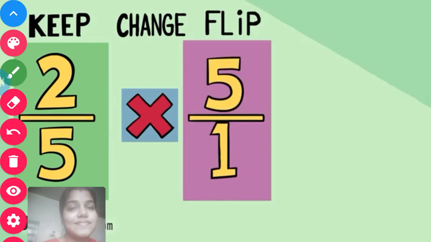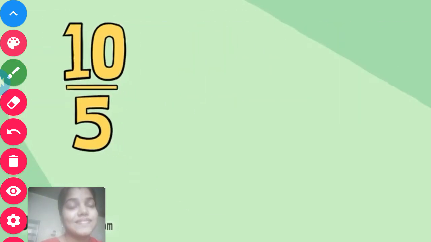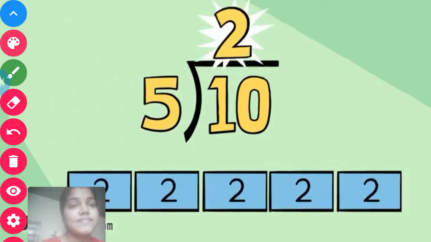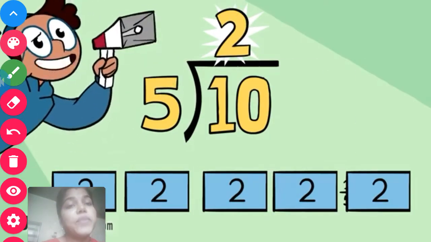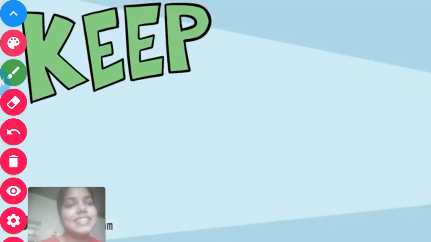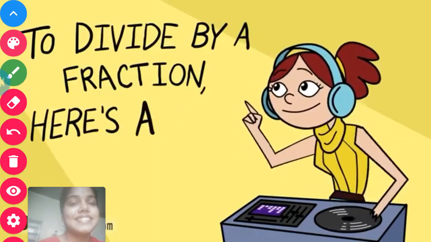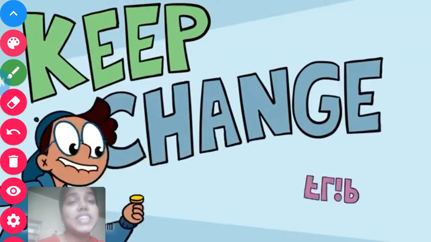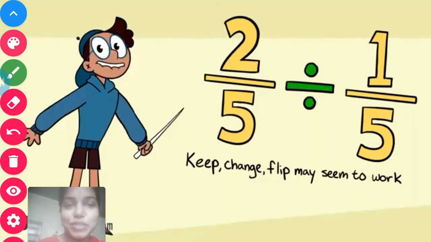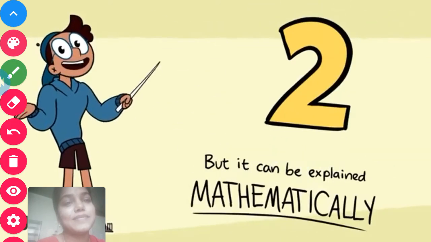Keep, change, flip. 2 times 5 is 10, 5 times 1 is 5. It's an improper fraction, so you need to divide. 10 divided by 5 equals 2. Keep, change, flip may seem to work magically, but it can be explained mathematically.